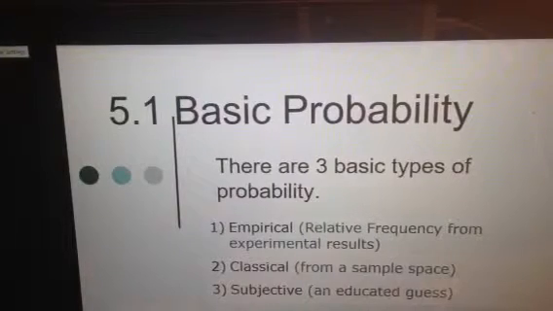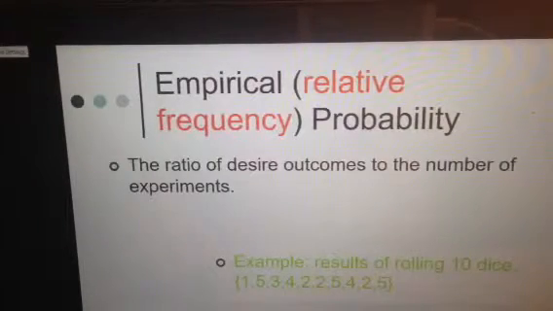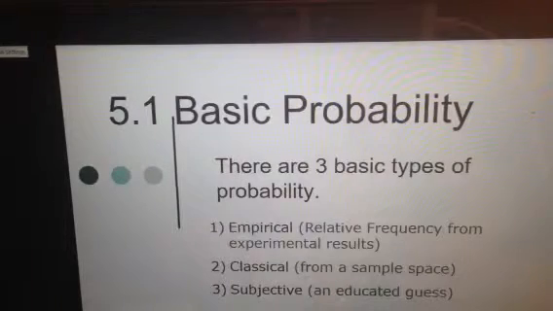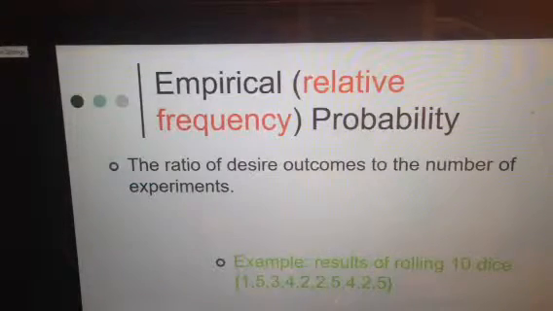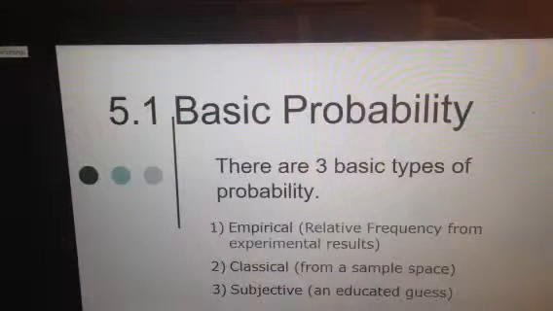If it's less than 5%, then it is considered unusual.